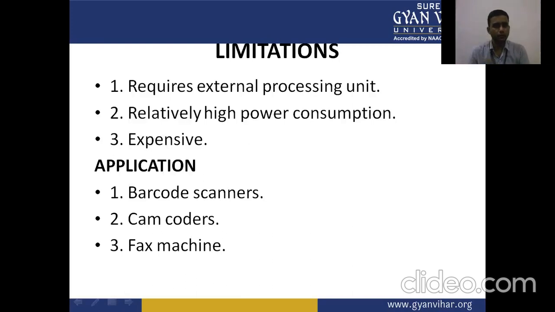Relatively high power consumption is required, and it is expensive because it uses sensors and registers, so that's why it is sometimes expensive.